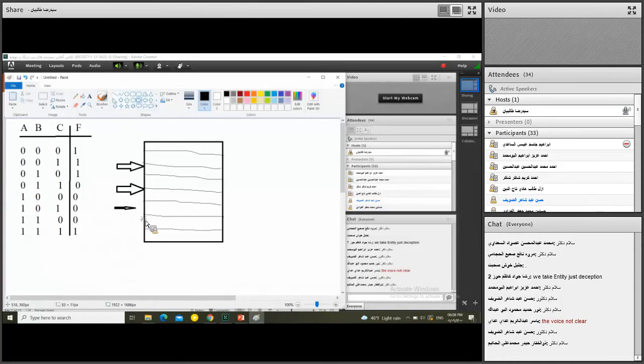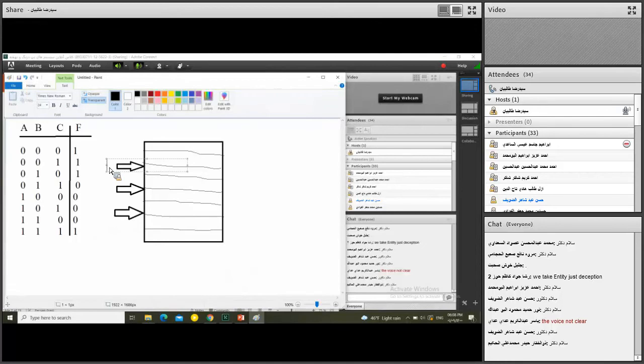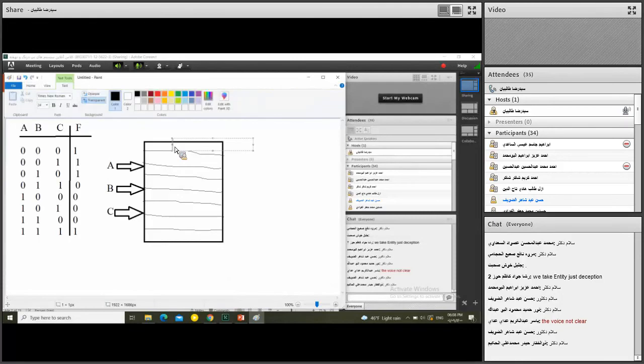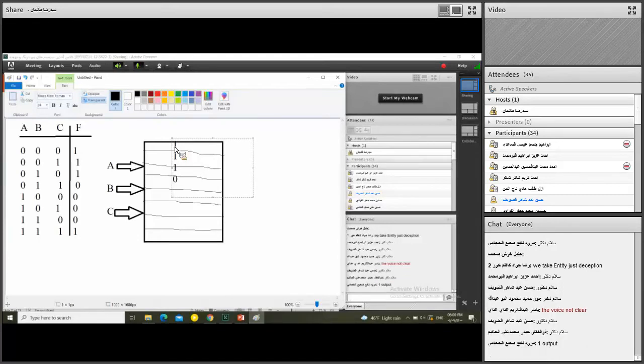We can consider these 3 address lines as the 3 inputs, for example A, B, and C. And we can consider each cell of the memory as the value of the logic function. For example, 1, 1, 1, 0, 0, 0, 0, and 1.